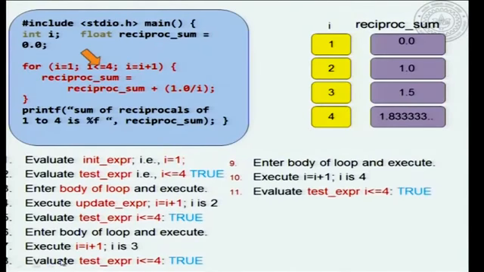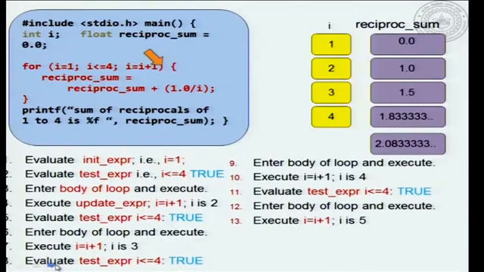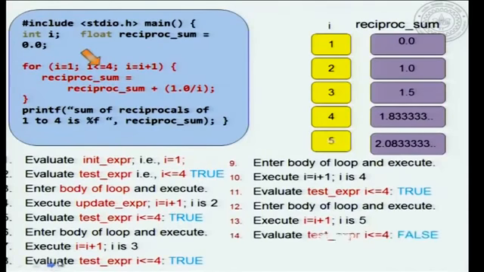You have 4. 4 is less than or equal to 4. That is true. So you enter the loop one more time and add 1 over 4, 0.25 to the current number. Okay, so you get 2.0833 and so on. Update again, I becomes 5. Okay.